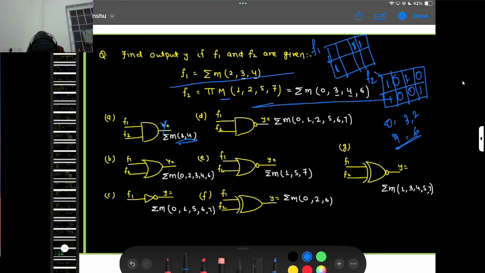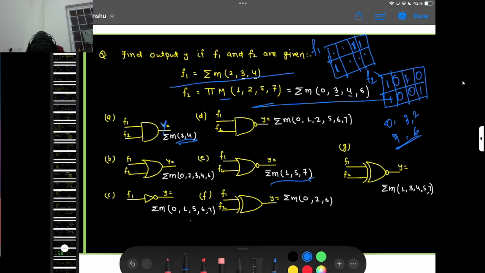So F1 not is easy, that is 0 1 5 6 7. F1 F2 NOR gate, so 0 2 3 4 6. So if I NOR it, it is 1 5 7.